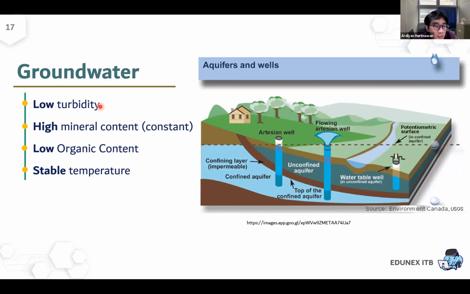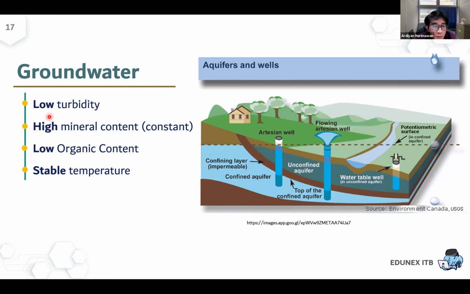Groundwater normally has low turbidity, because from the water cycle, you still remember that when it infiltrates the layers of earth, the layers of earth also function as a filter.